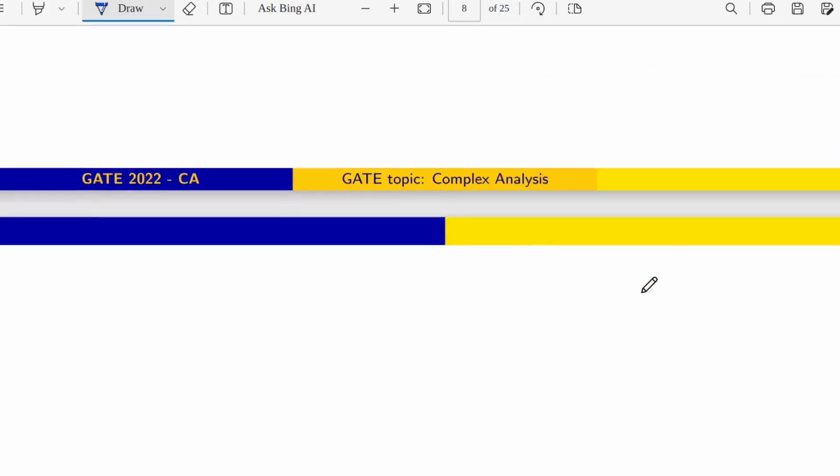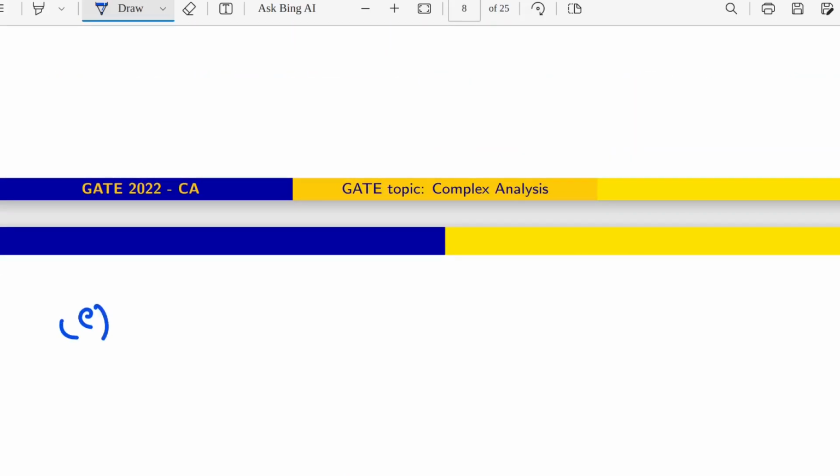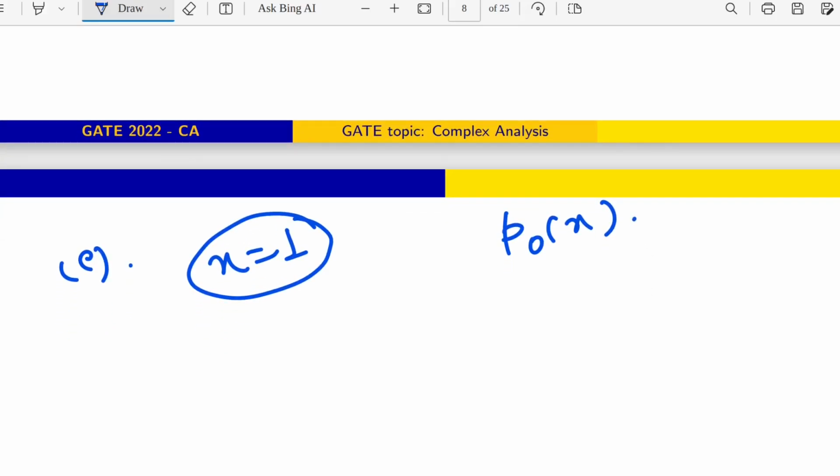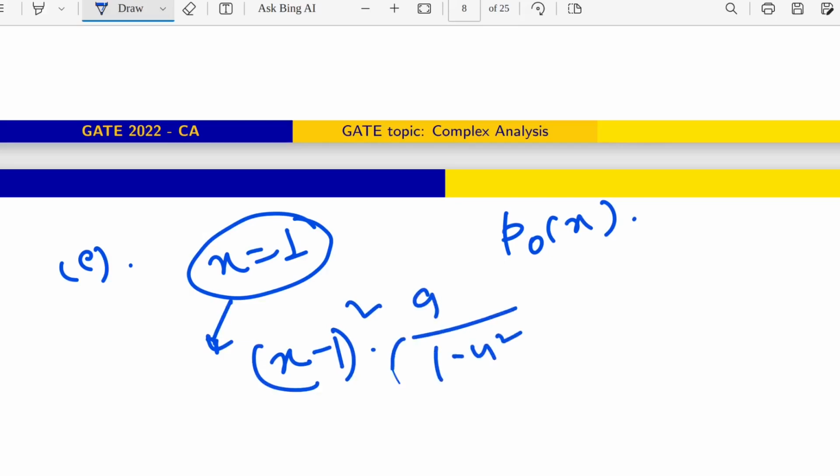So how to calculate that? Let's take x equal to 1 first, and I am considering P0x. They are asking that the pole should be of order 2. That means at the x equal to 1 point, I take x minus 1 whole square into P0, where P0 is 9 by 1 minus x square.